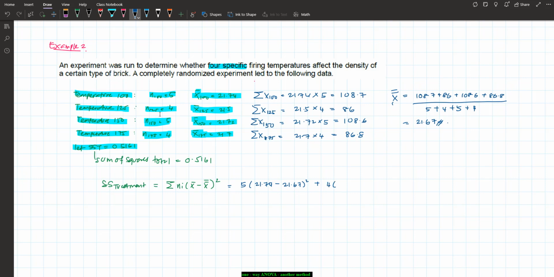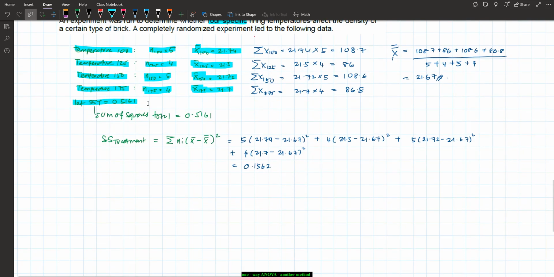So this is 4 times (21.5 minus 21.67) squared, plus 5 times (21.72 minus 21.67) squared, and the last one is 4 times (21.7 minus 21.67) squared. This will lead us to 0.1562.